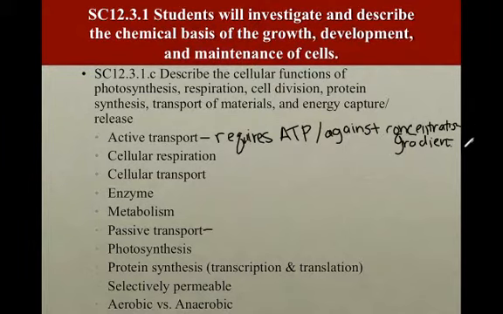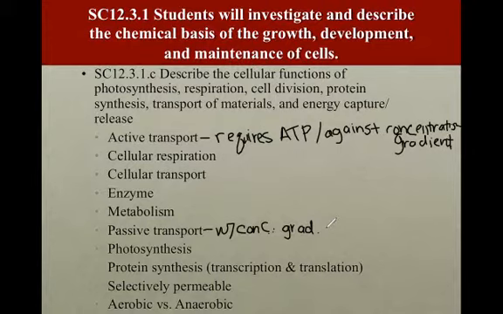Normally, and this is in passive transport, it's with the concentration gradient. So in passive transport, without any energy, molecules will move from high concentrations to low concentrations until they reach equilibrium and are equal to each other.